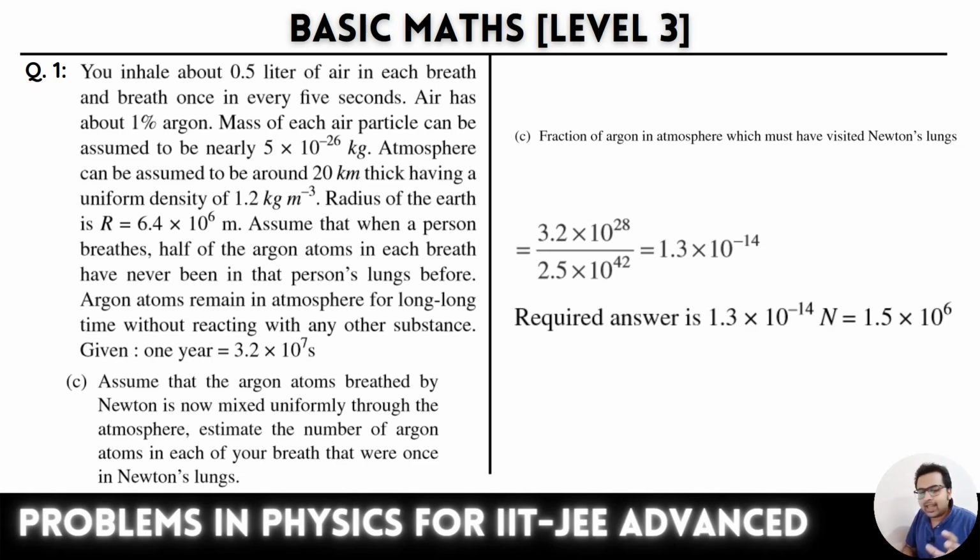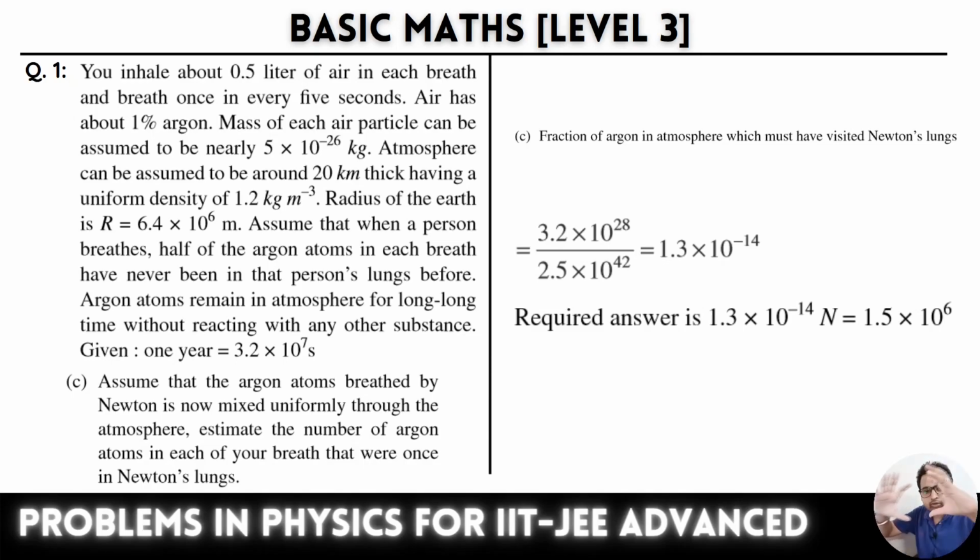Now I have to calculate it exactly during my every breath. Out of the 1.3 × 10^-14 fraction, how many particles belonging to Newton's lungs will I inhale? So 1.3 × 10^-14 is the fraction.